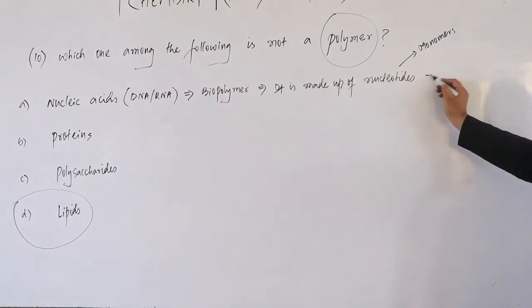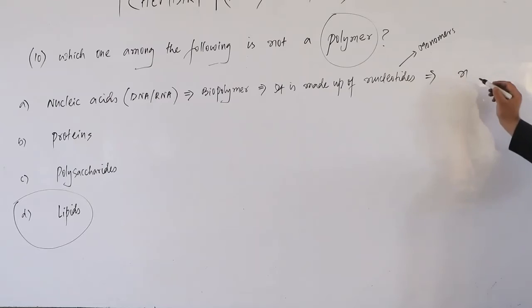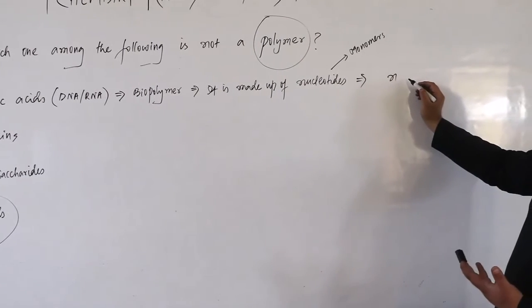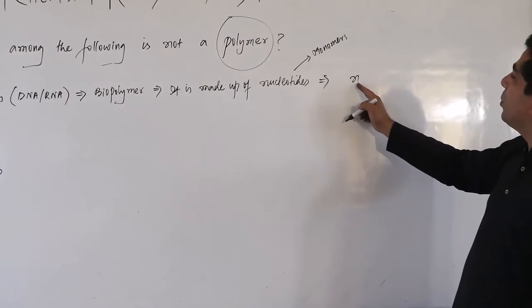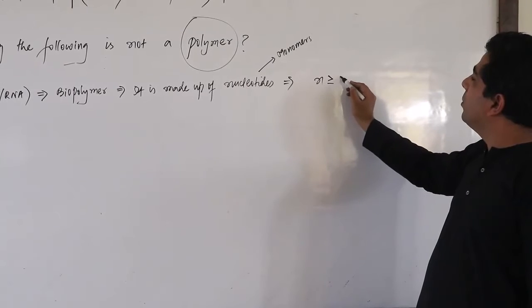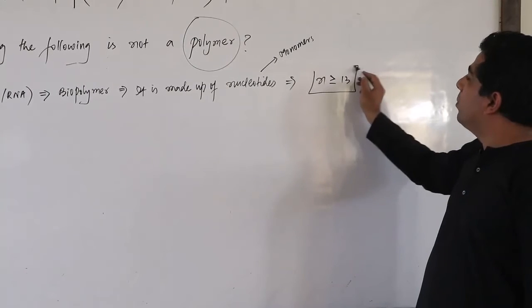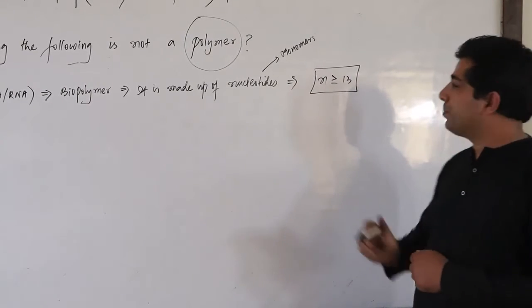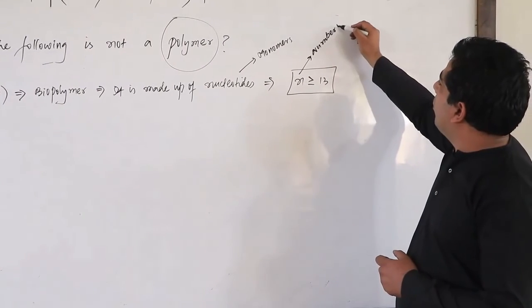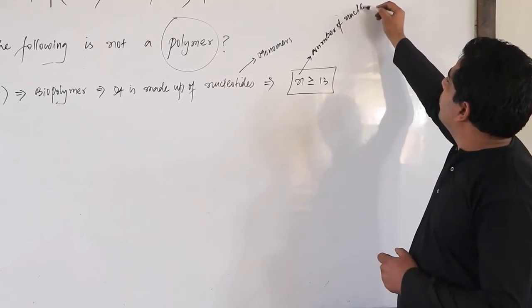So it should contain, I will write here N. N stands for number of nucleotides in nucleic acids. Number of nucleotides can be greater or equal to 13. So how many nucleotides should be there? N stands for number of nucleotides.